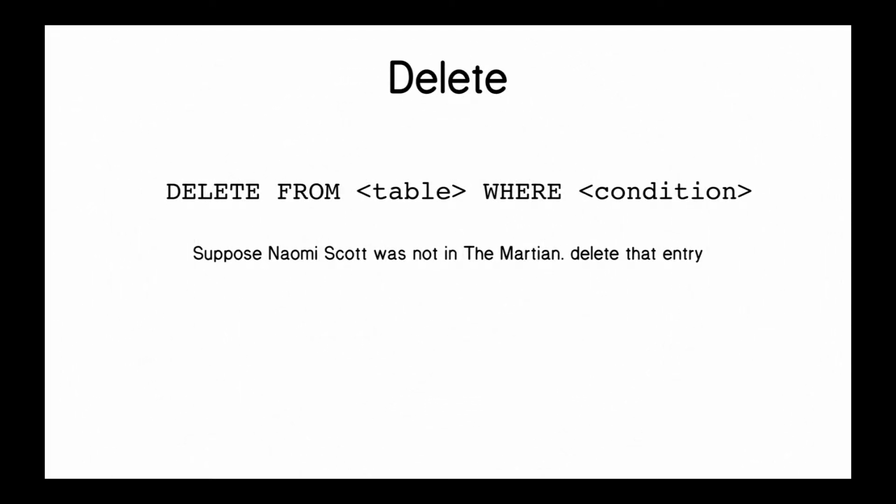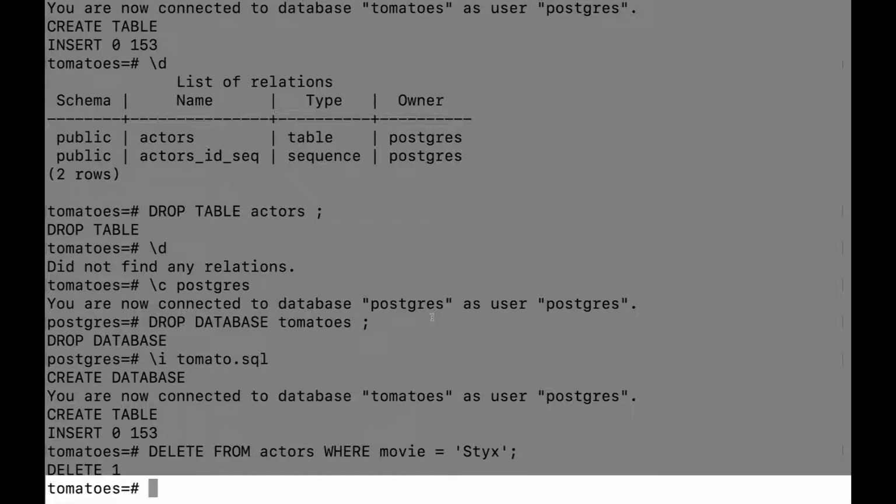So that was very simple. Suppose Naomi Scott was not in The Martian, so we want to delete that entry. Actually, she was in The Martian, but they cut all her scenes out, so she actually doesn't appear in The Martian. So let's do that. So we want to delete Naomi Scott from The Martian. And here's where we get a sort of a complex query.